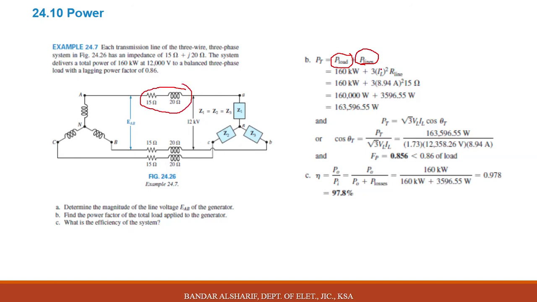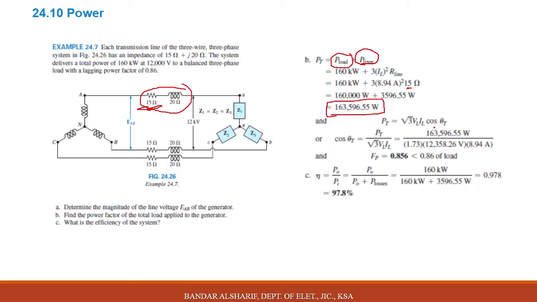You multiply 3 I line squared by R line, which is 15. You will get 3,596. This means the total source active power is 163,596.